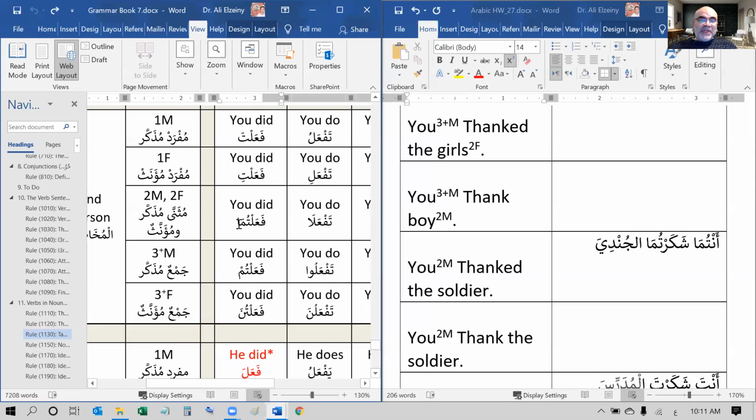So shakartuma is fa'altuma. So fa'ala, fa'altuma, shakara, shakartuma. Fa'ala, fa'altuma. So that means shakara is going to be shakartuma.